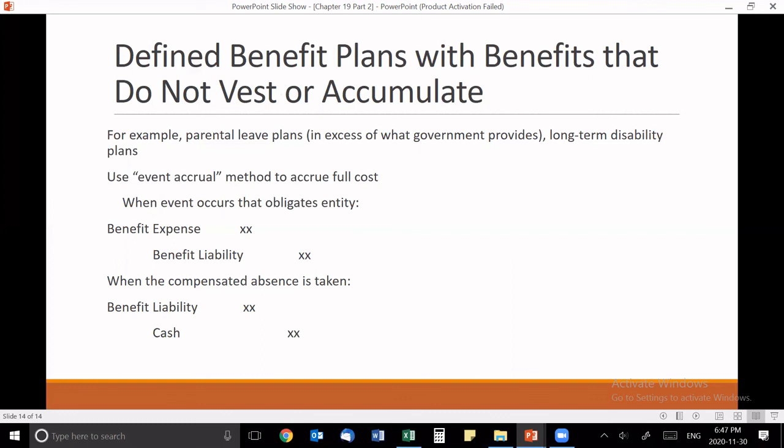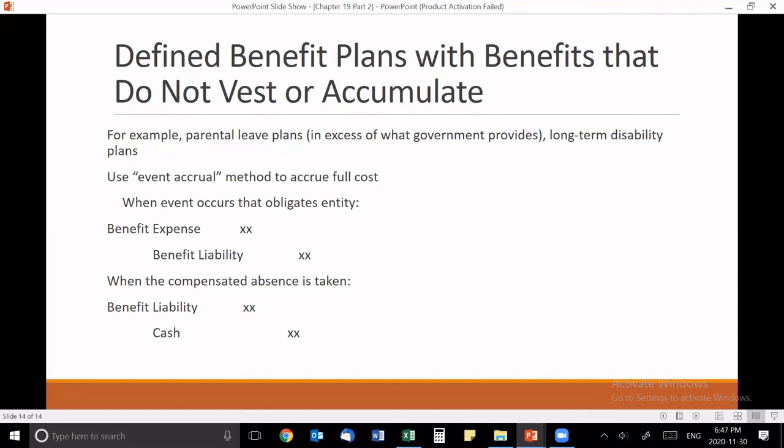So for example, if there's parental leave or long-term disability leave, whenever there's an obligation to the company, we're going to debit the benefit expense, whatever it is, long-term disability benefits expense or parental leave benefit expense, and we're going to credit our benefit liability.